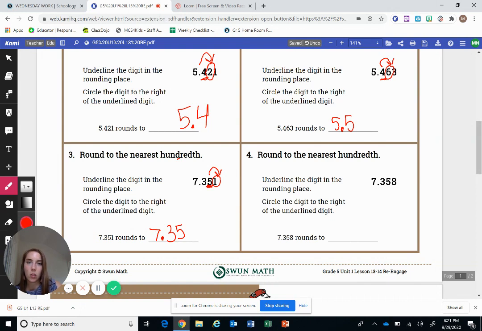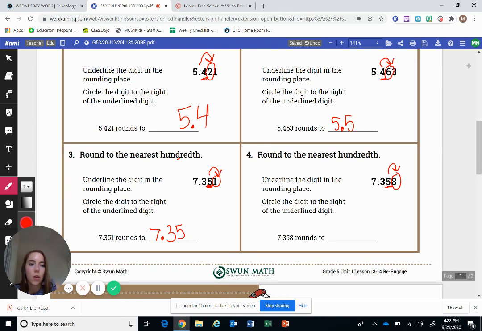Let's try to round to the hundredths one more time. Okay, first I need to figure out which number is in the hundredths place. It looks like the 5 is in the hundredths place. Now I need to circle the digit to the right, which is 8. Draw your arrow. Now, is 8 greater than 5 or is 8 less than 5? 8 is greater than 5, so we know 5 or more, add 1 more.